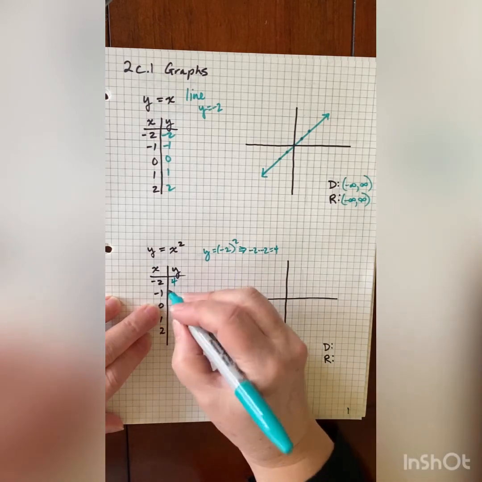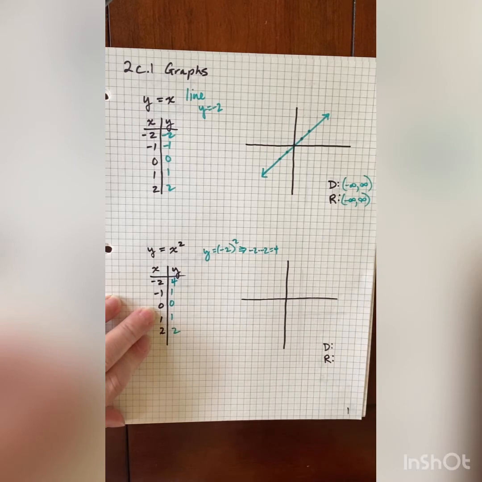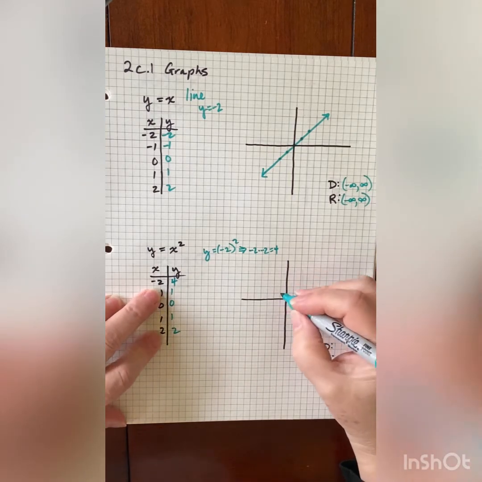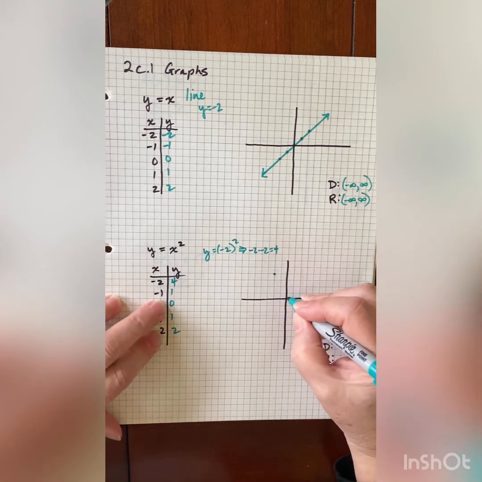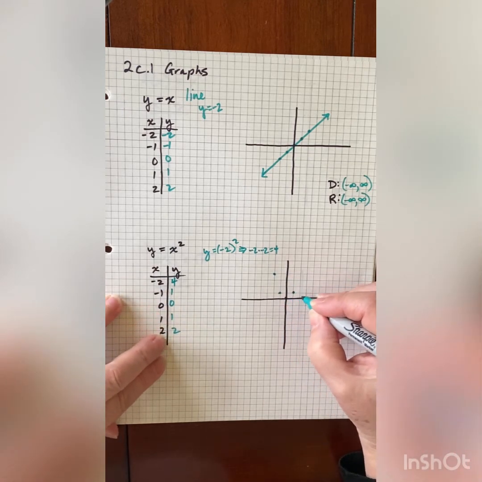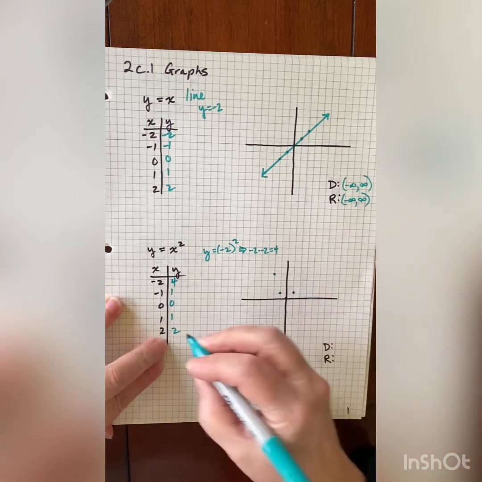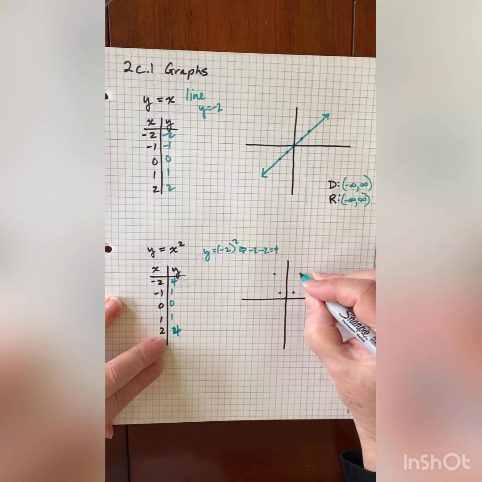If I put a -1 in there, I get a 1, a 0, a 1, and a 4. Let's graph that. -2, 4, -1, 1, 0, 0, 1, 1, 2, 4.